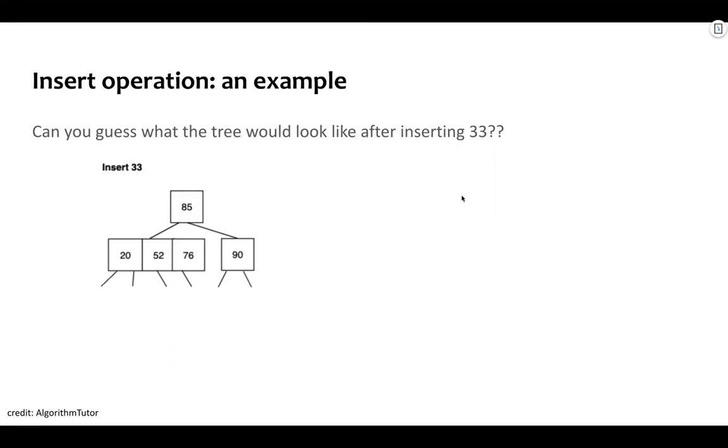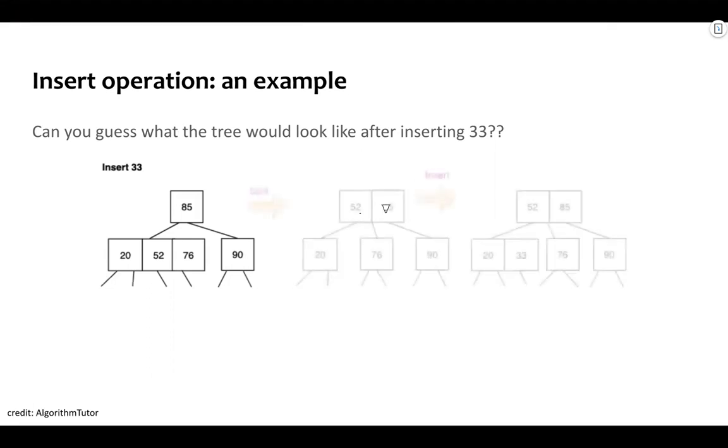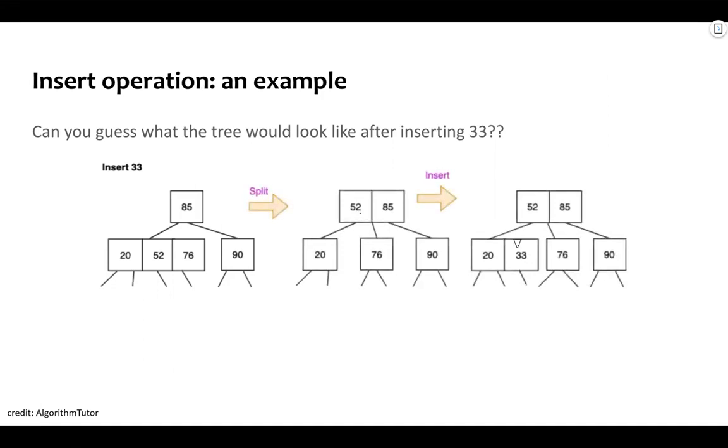All right, let's have a look at what it becomes. First, we need to split. First of all, where should 33 go? It has to take the left part like this, and it should go to this part.